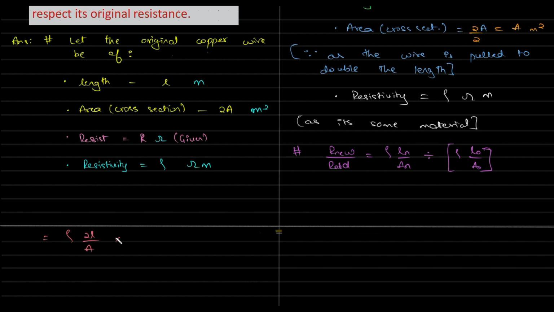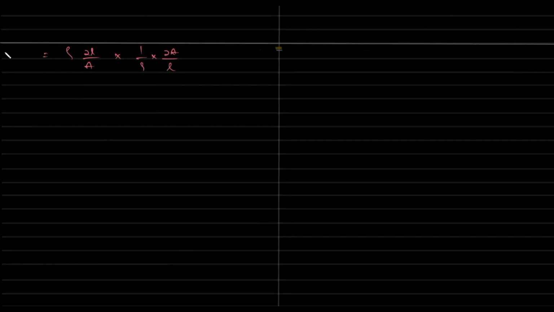A new is A. Old area of cross section is 2A, and the length is L. Now it's just a matter of cancellation. Rho cancels, L cancels, A cancels. So resistance of the new divided by resistance of the old is equal to 4, since 2 into 2 is 4. Therefore, R new is equal to 4 times the resistance of the old one. That's it.